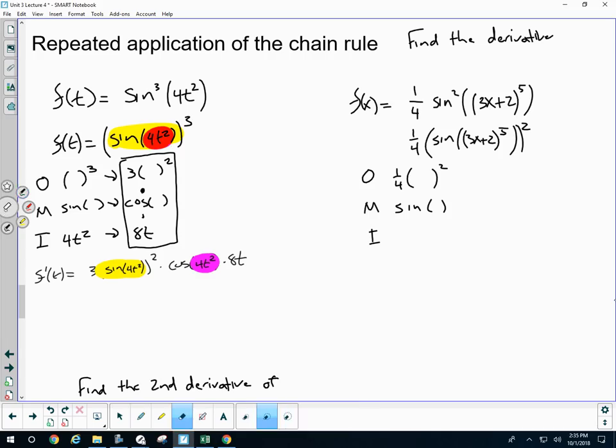This is 4. If you did this in a layered approach, you probably would have seen it as you were writing it down.